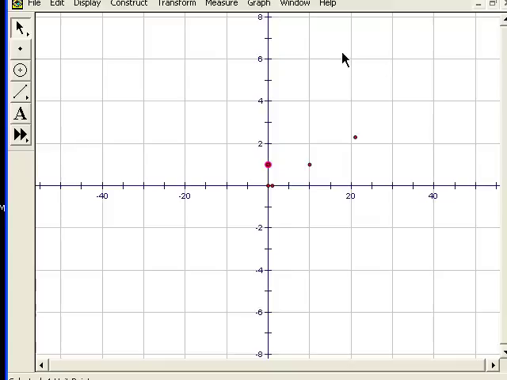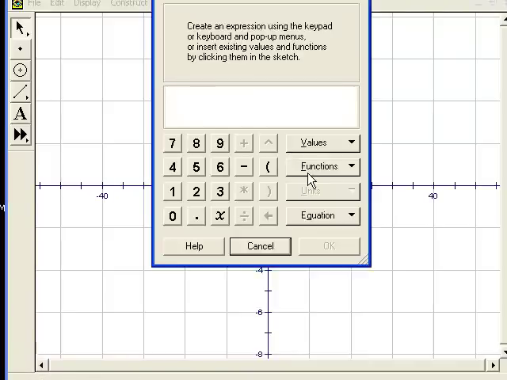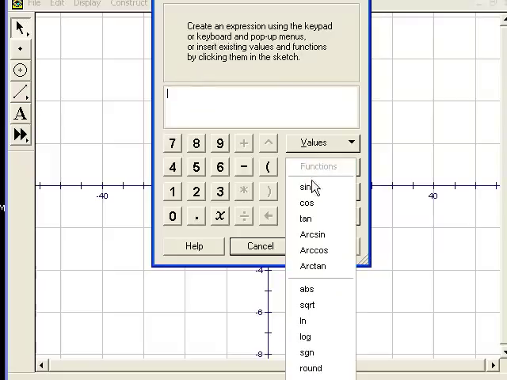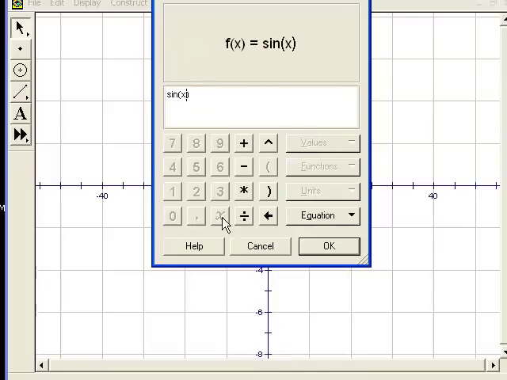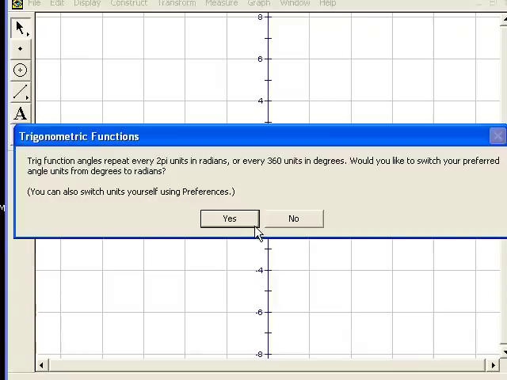When you're done, what I would like you to do is try and fit a curve to the points that you get. And I'd like you to try and figure out what function best fits the data that you get. So you'll go graph, plot new function, and you have all kinds of choices here. For example, you could go sine of x and hit OK. Do you want to use degrees or radians?